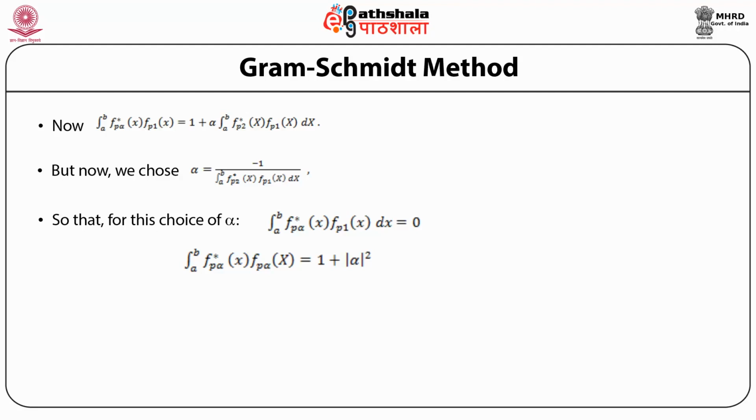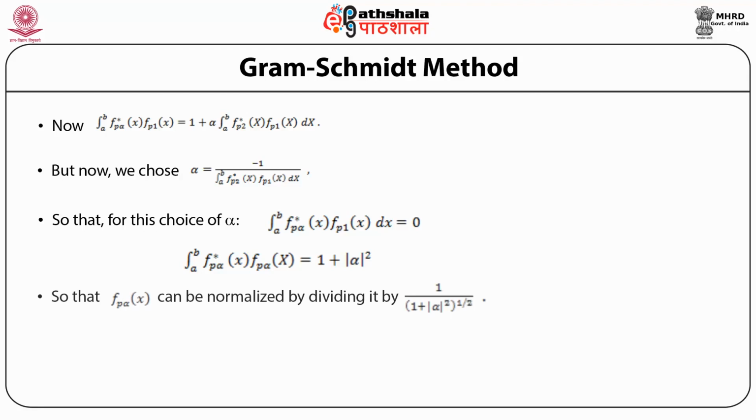Why? Because the integral of the product of the two functions is 1 plus alpha times the integral of the product f_p2 star f_p1, which vanishes with this choice.